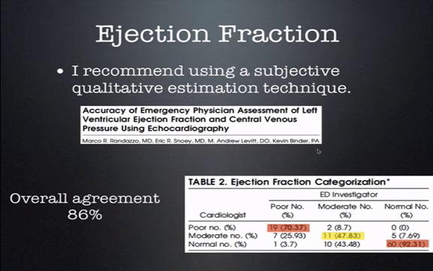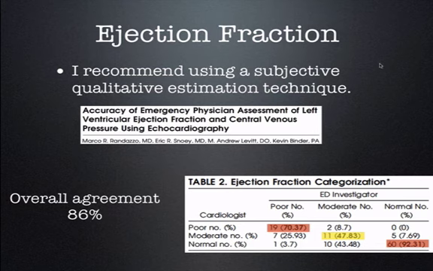Now here's a study comparing cardiologists to ED investigators, and you can see that there was a 70.37% agreement with a poor ejection fraction and a 92% agreement with a normal ejection fraction. So overall, for the extremes, which is what we care about, there was high agreement between the cardiologist and the ED investigator.